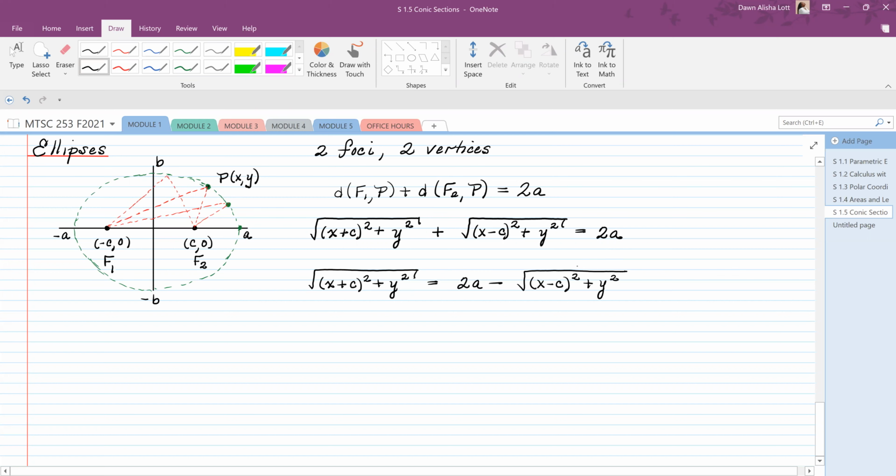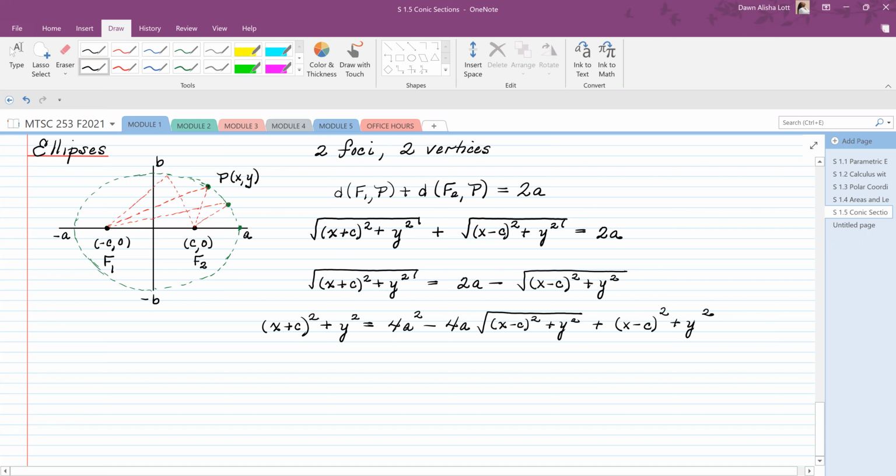So I get (x plus c) squared plus y squared is 4a squared minus 4a times the square root of (x minus c) squared plus y squared, plus (x minus c) squared plus y squared. Then you put everything else on the other side and square it again.